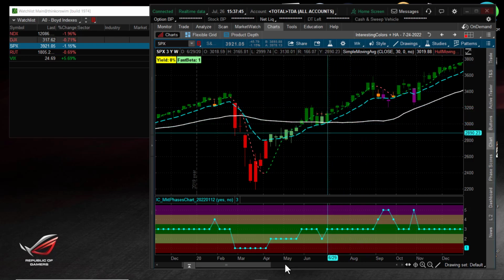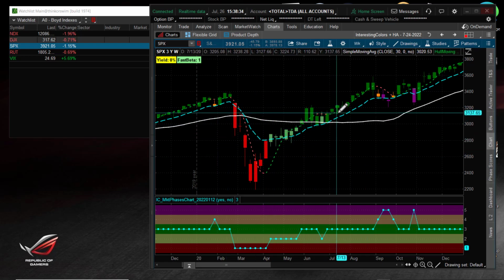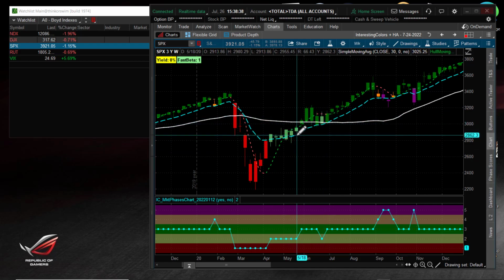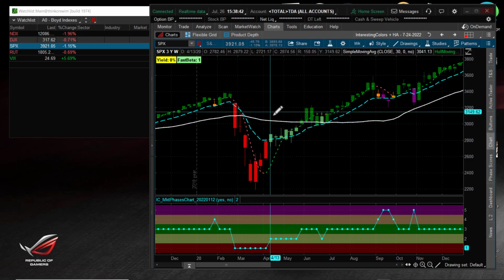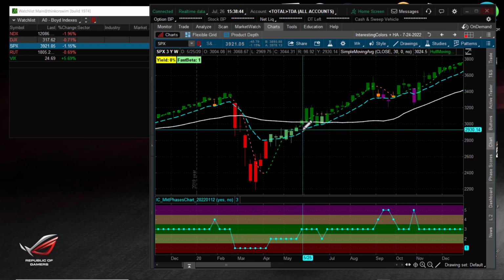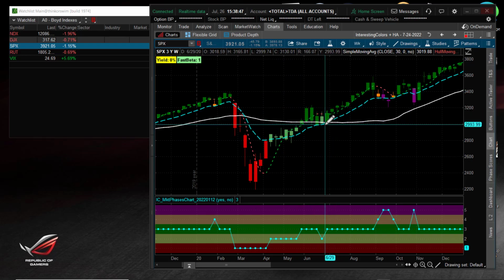When that happens, it's referred to as a golden cross, and it's significant. Here it is. Actually, we're on weeks, so the 10-week exponential moving average has now just crossed above the 30-week simple moving average.